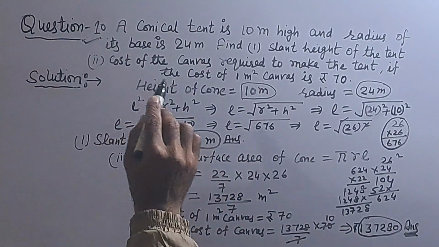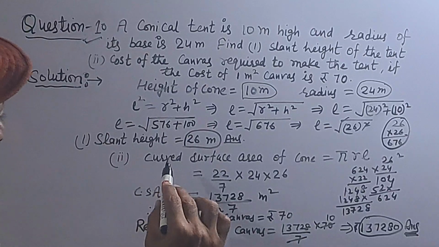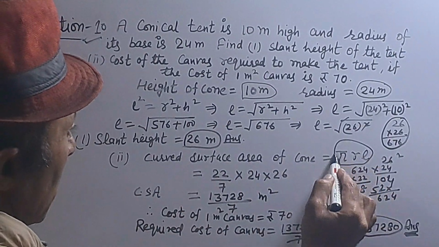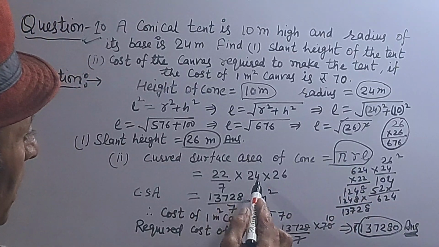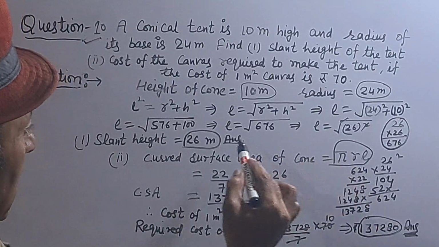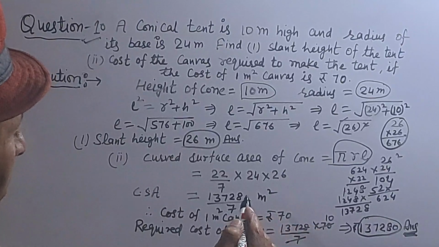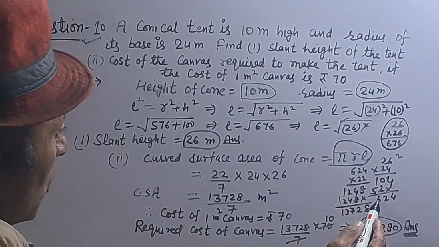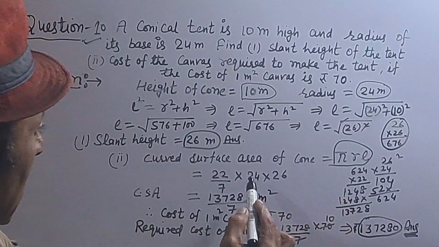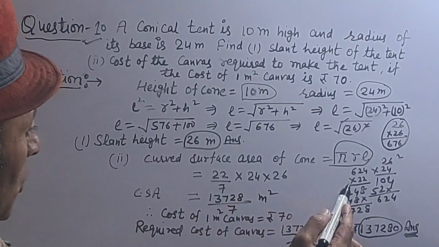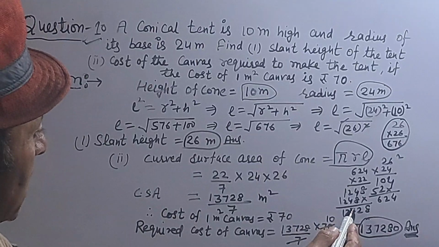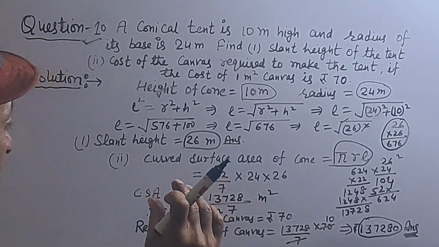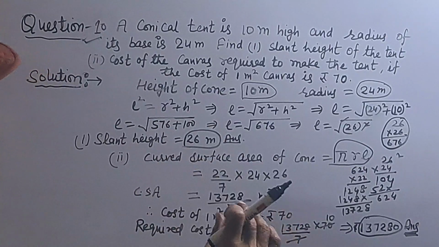And second part, cost of canvas. Curved surface area of cone is pi RL. Pi is 22 upon 7 multiplied by radius 24 and slant height 26. 26 into 24 is equal to 624, and 624 multiplied by 22 we get 13,728 divided by 7 meter square. It's the curved surface area of cone.